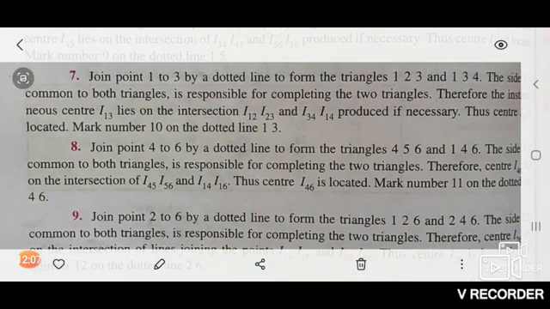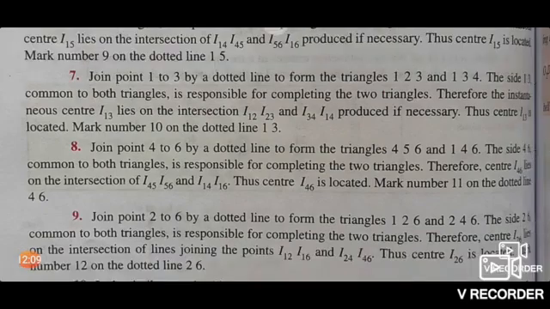So this is how the lines have been drawn. Now point 8, join point 4 to 6 by dotted line to form triangles 4 5 6 and 1 4 6. The side 4 6 common to both the triangles is responsible for completing the two triangles. Therefore, center I46 lies on the intersection of these.